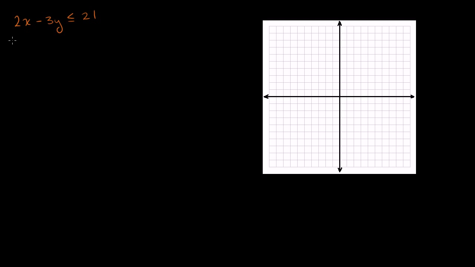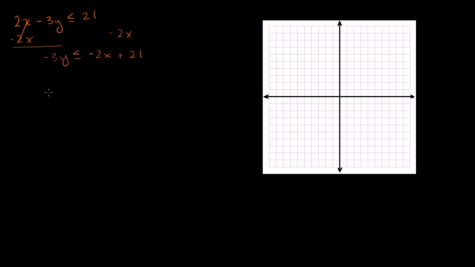If you subtract 2x from both sides, we get negative 3y is less than or equal to 21 minus 2x, or negative 2x plus 21. And then we can divide both sides by negative 3. And remember, when you divide by a negative number, you swap the inequality.